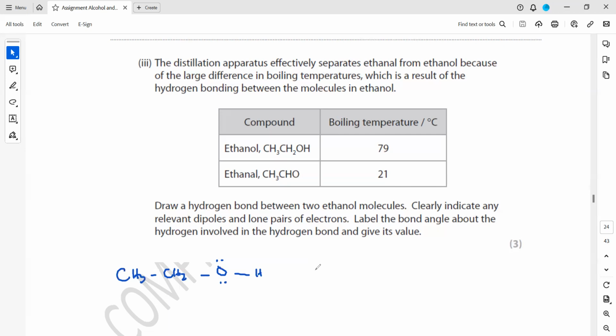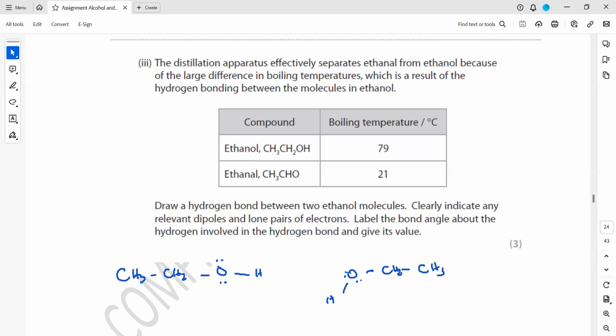And then another molecule of ethanol, where this hydrogen is attracted towards the lone pair. Say this is another molecule, CH3CH2OH. So how do we represent it? This oxygen will be partial negative.